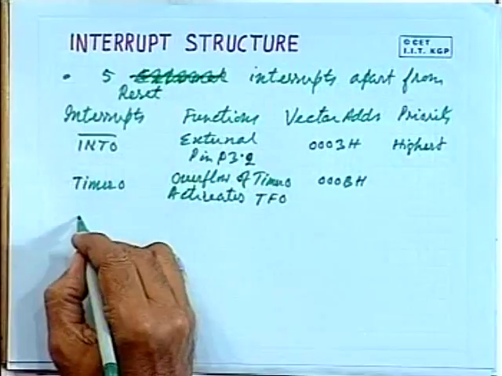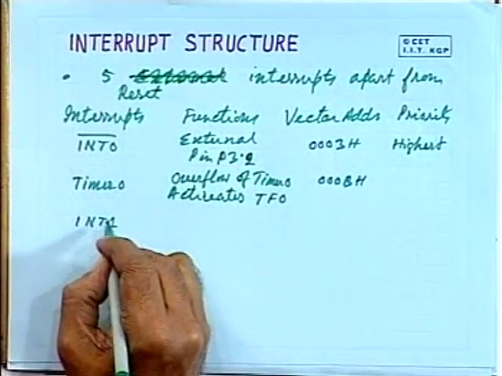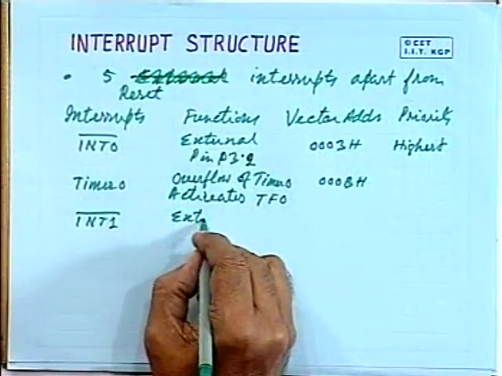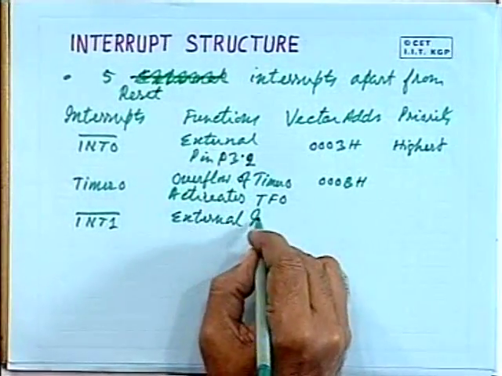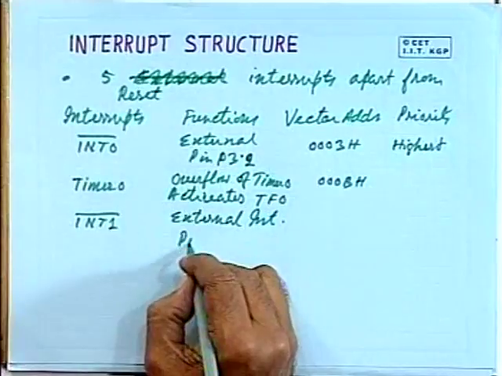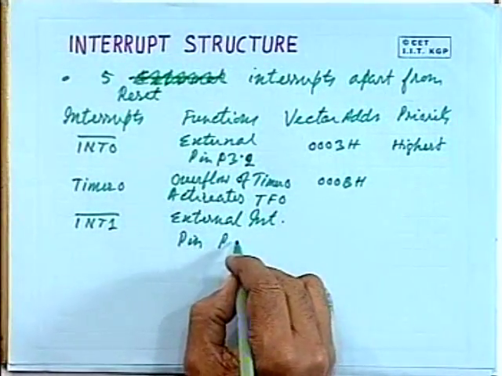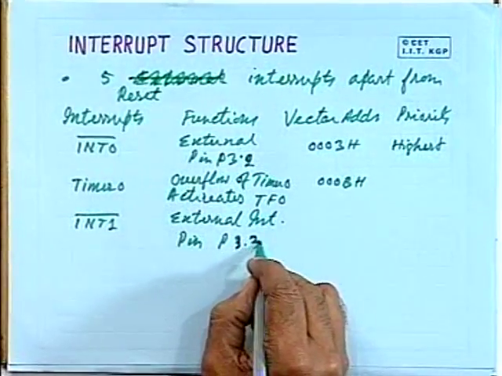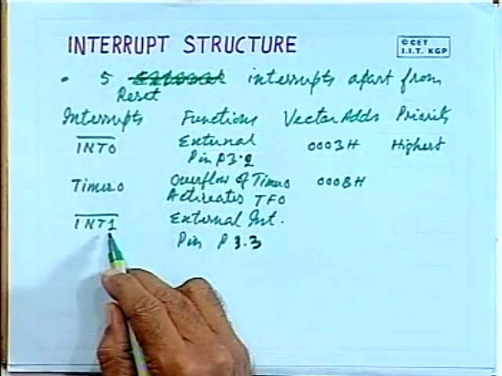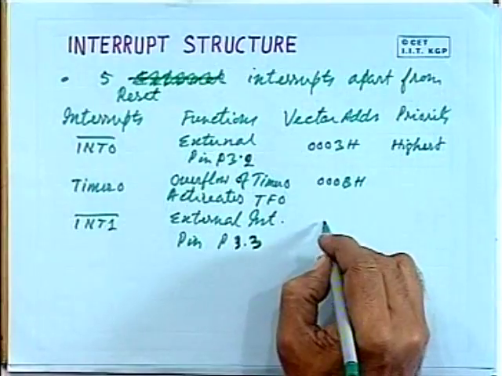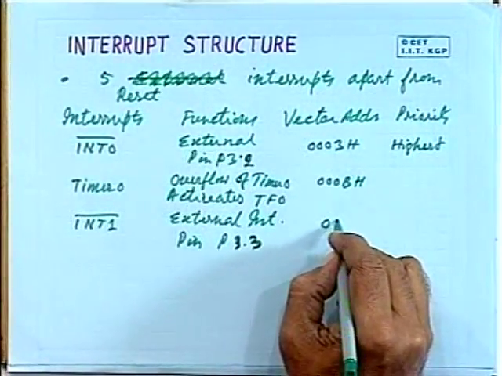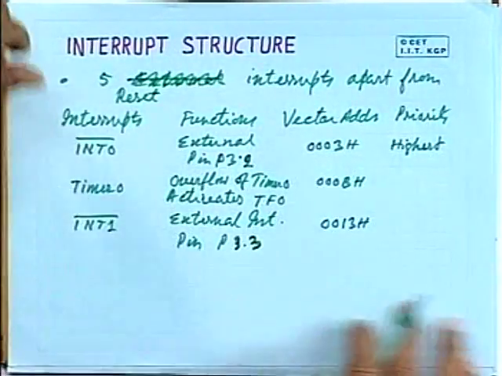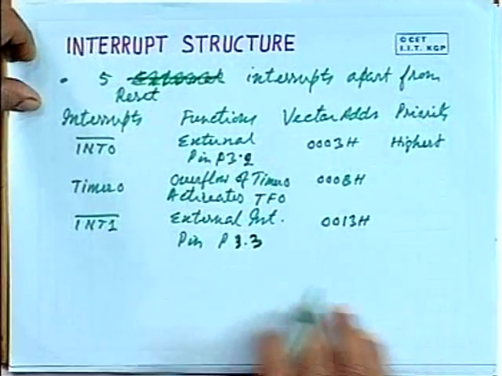Then you have got another external interrupt, interrupt 1, and this external interrupt is available on port 3.3. That means on port 3, pin number 3 is the source of this second external interrupt, and the corresponding vector address is 0013 in hex, and it has the next highest priority.